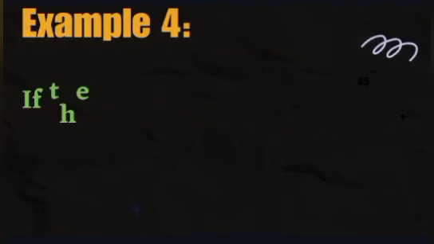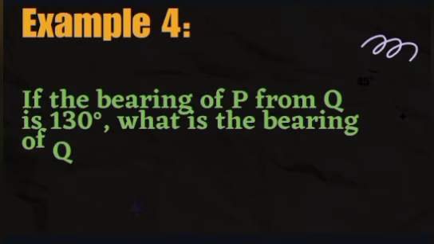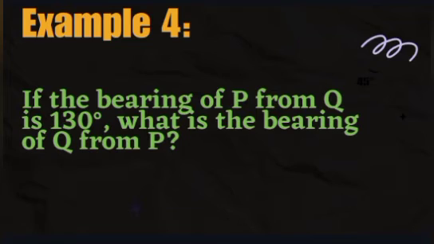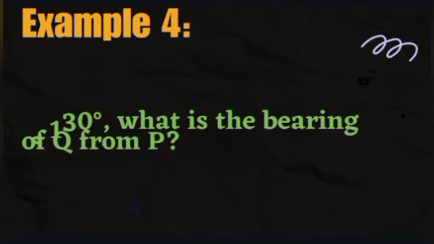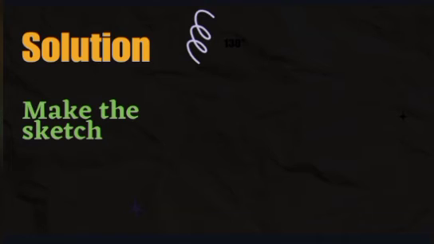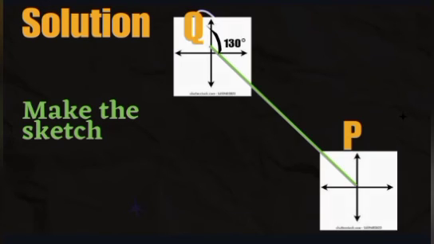Okay, so let's take example 4. If the bearing of P from Q is 130 degrees, what is the bearing of Q from P? The bearing of P from Q is 130. So what is the bearing of Q from P? Now, first of all, make a sketch.